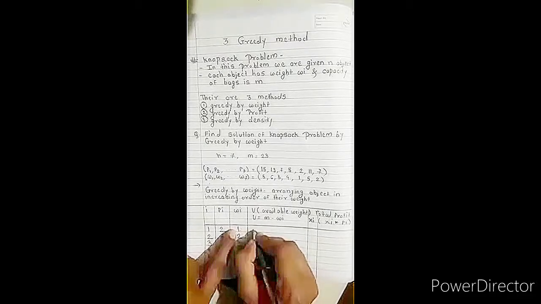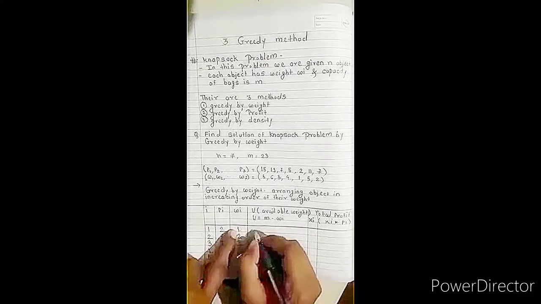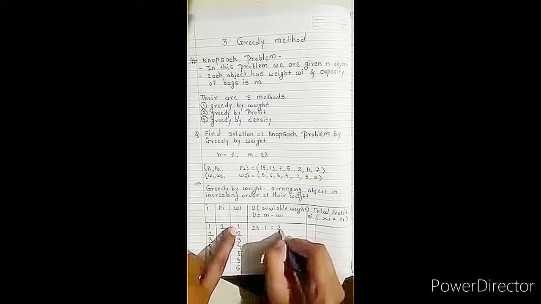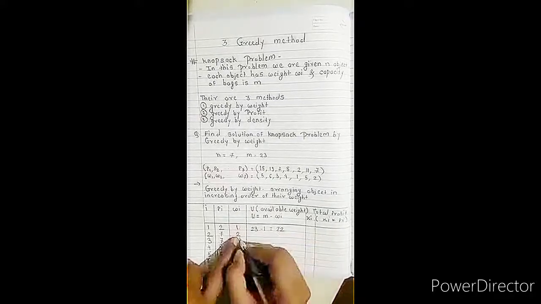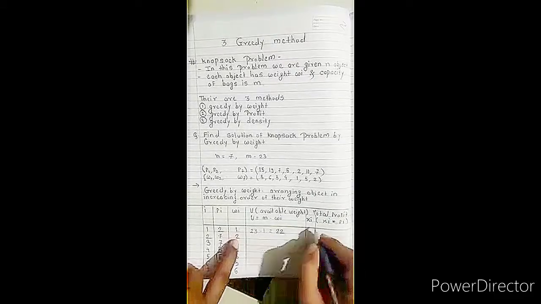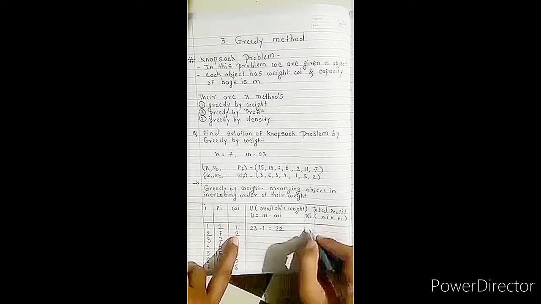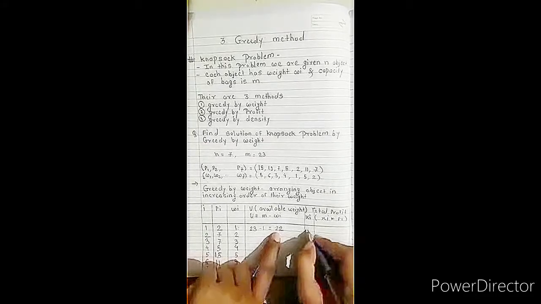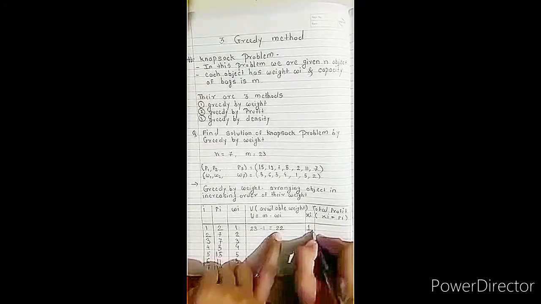So the first available weight is M, so 23 minus 1 is 22. Then the corresponding xi: here 22 is a positive weight, so the xi value is noted down as 1.